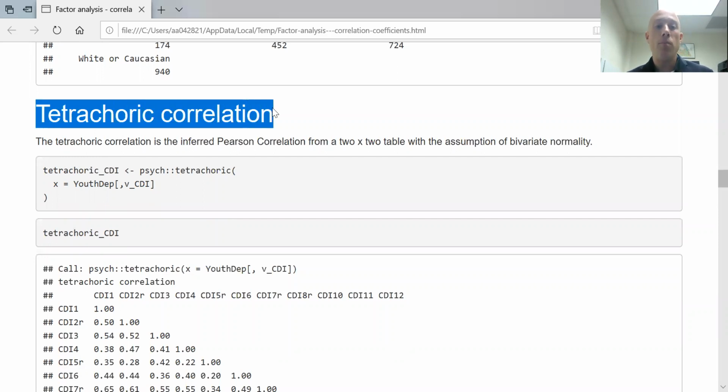All right, so here, let's do tetrachoric correlation. What we're going to do is take 2x2 tables, and we're going to assume that each column of zeros and ones is the output from a standard normal distribution. And we're going to say there's some threshold, some criteria, on that normal distribution. If it's above the criteria, it gives me a 1.